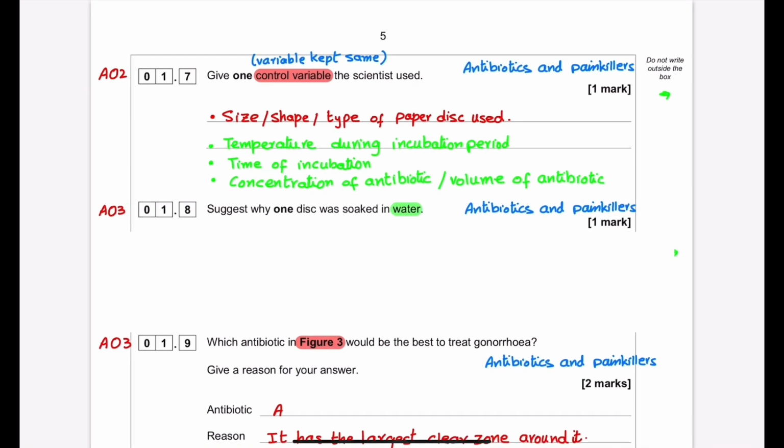Question 1.8 is an AO3 question where the students need to give the reason behind their answer to get the 1 mark, and it is also from the topic of antibiotics and the painkillers. Suggest why one disc was soaked in water.